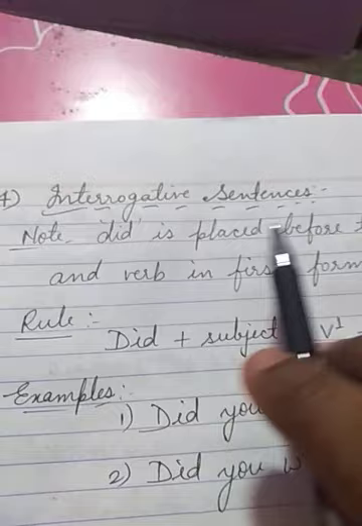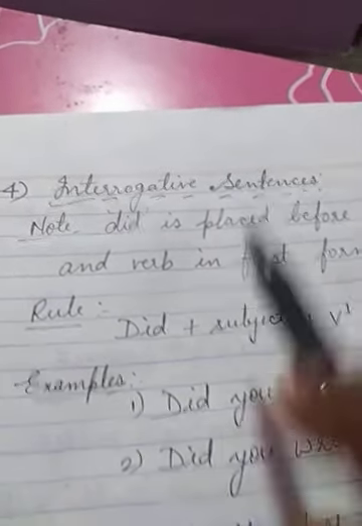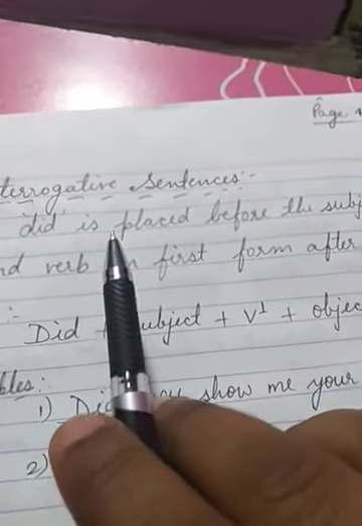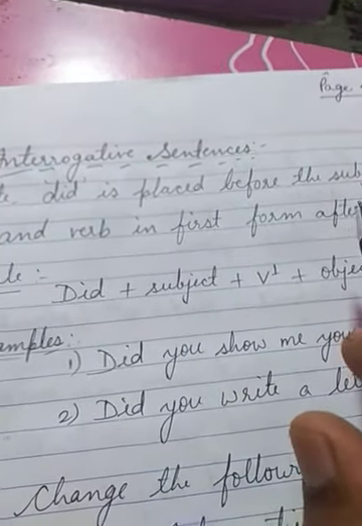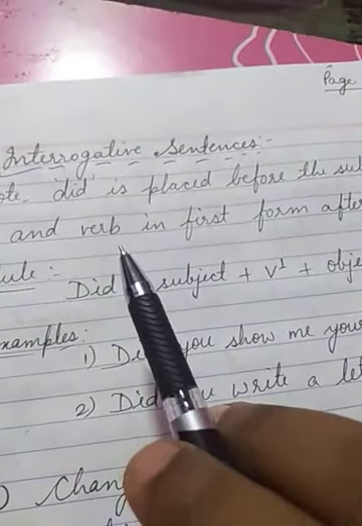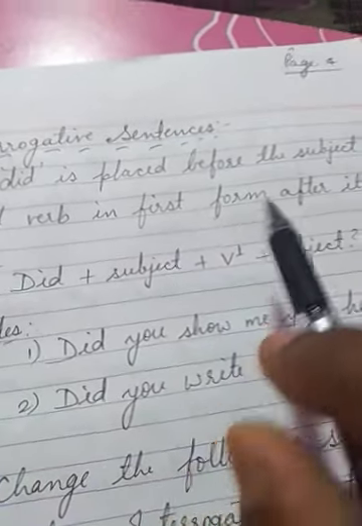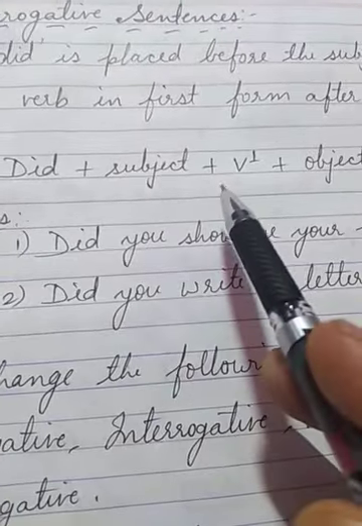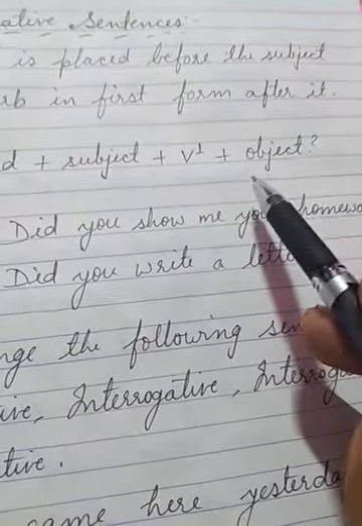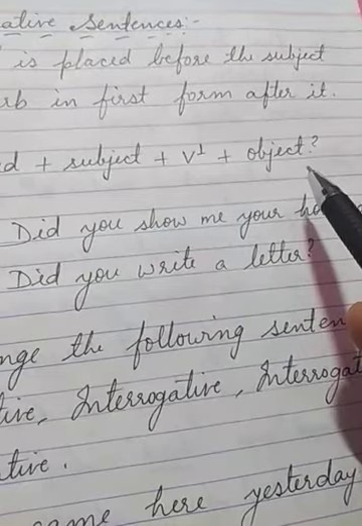Next is interrogative sentences. Note: did is placed before the subject and the verb in first form after it. The rule is did plus subject plus verb first form plus object plus question mark.